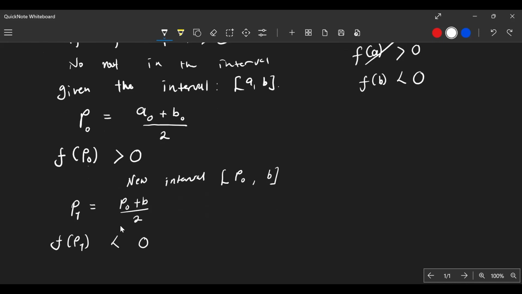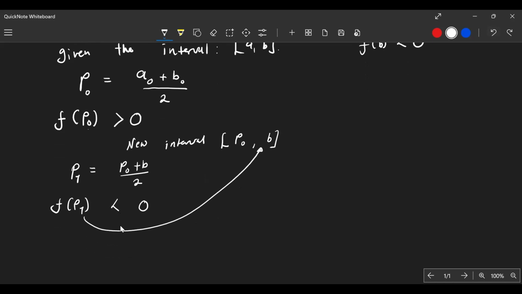Now you go back to the previous interval that you just made and check. Remember that f of P naught had given us a positive. f of b had given us a negative initially. And f of P1 again is giving us a negative. It means that b1 will now be replaced with P1.